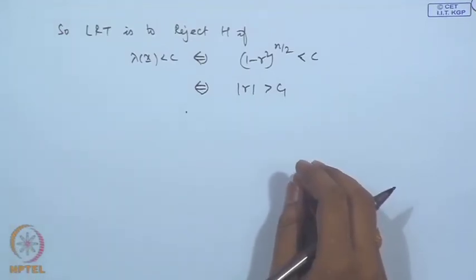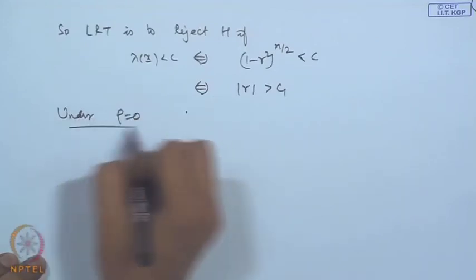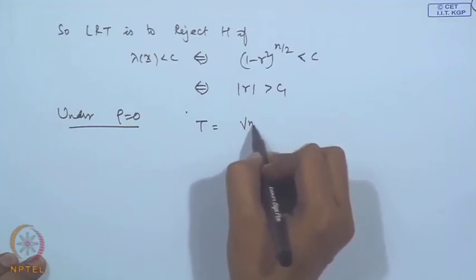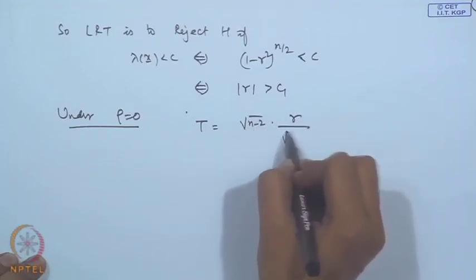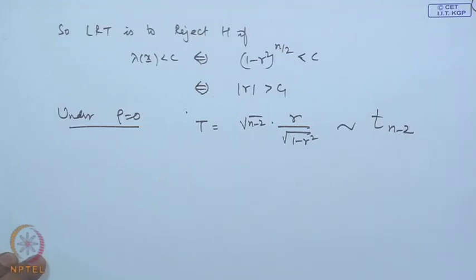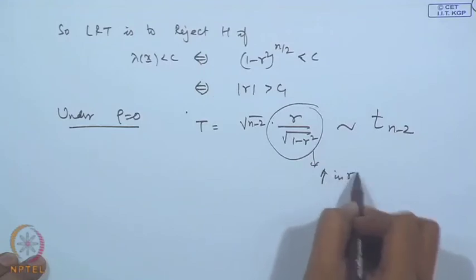Now, under rho is equal to 0, that is under H, the distribution of t, that is root n minus 2 r by root 1 minus r square, is t on n minus 2 degrees of freedom, and this term is increasing in r.